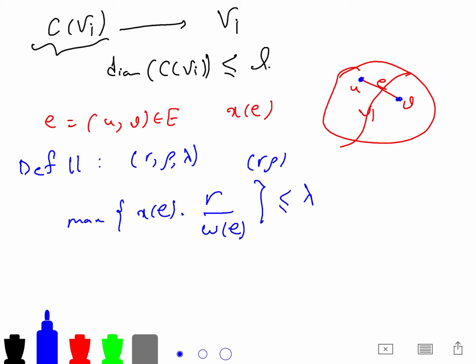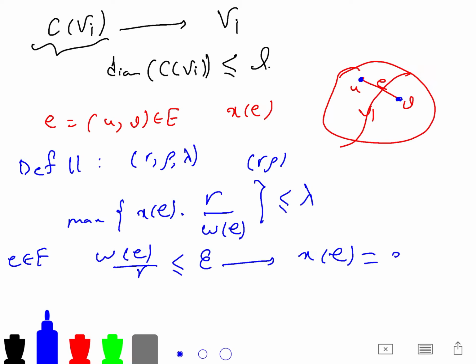And the probabilistic partition is epsilon-forcing if for every e in E, the weight of e divided by R is less than or equal to epsilon, then we say that this probability is just zero. This is the concept of epsilon-forcing.